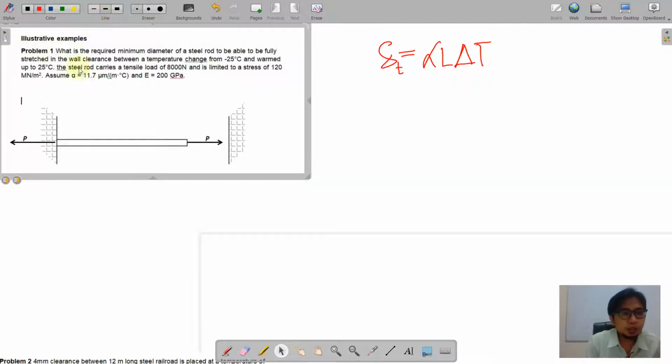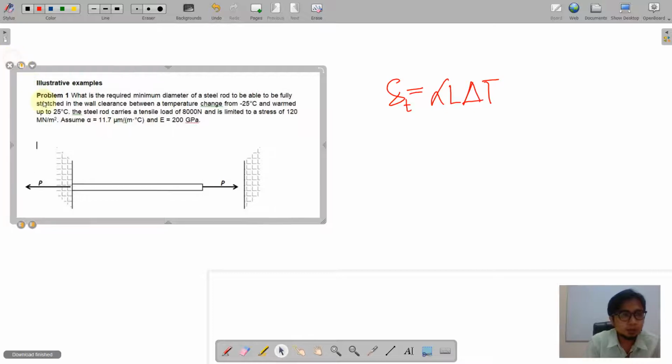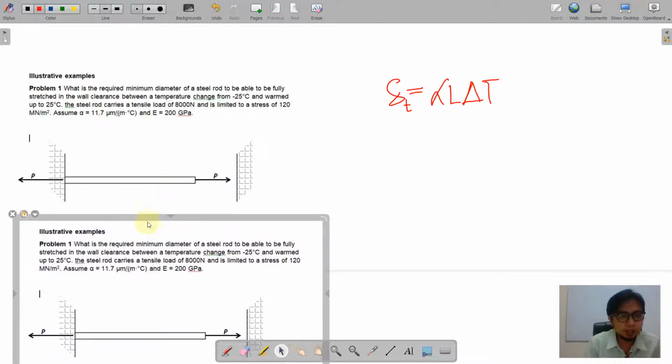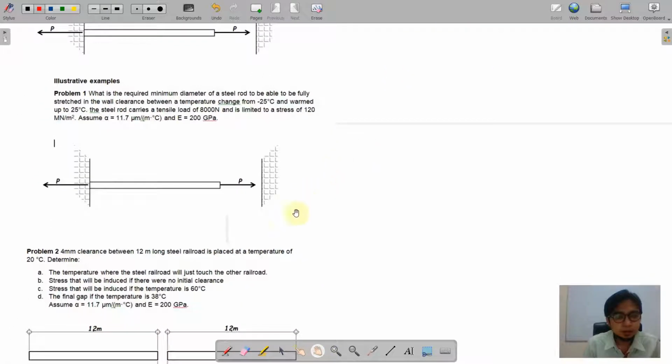First, we should project the corresponding deformations involved in the problem. I'm just going to copy this. As we can see here, there will be a total deformation on this material, which is to be limited by delta.